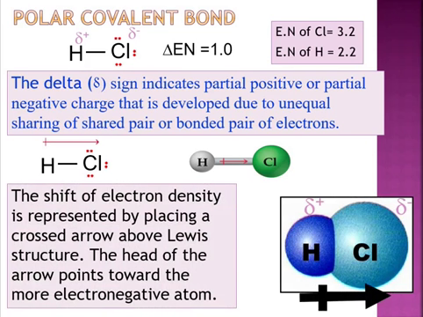So HCl is a polar molecule. It has a dipole moment. Dipole moment is the quantitative measure of the polarity of a molecule, and it is determined experimentally. For example, the dipole moment of HCl is 1.08 D.